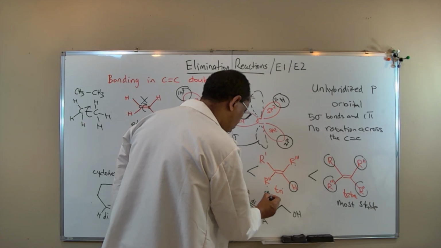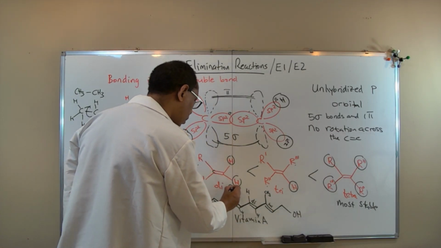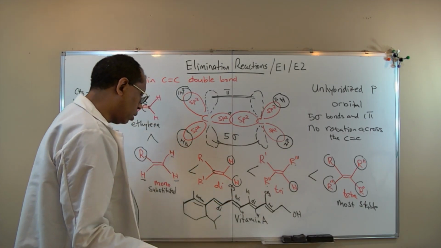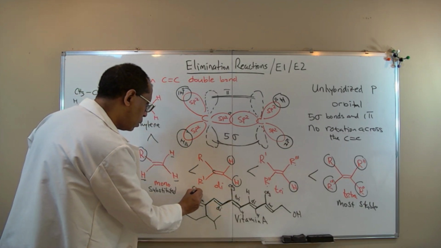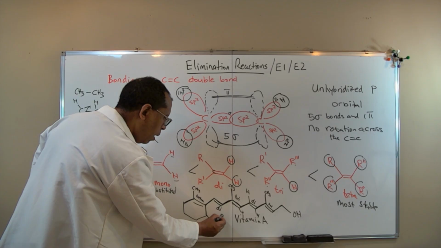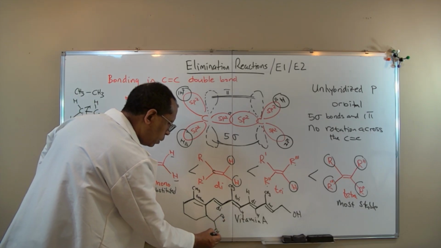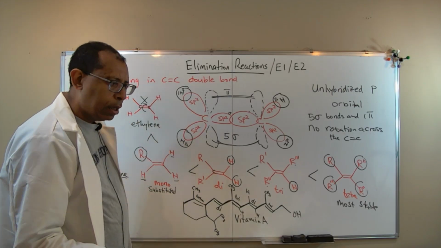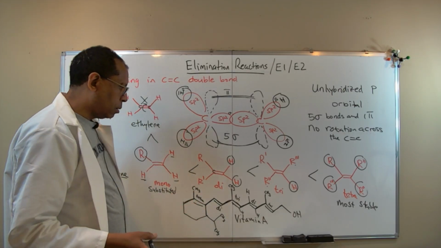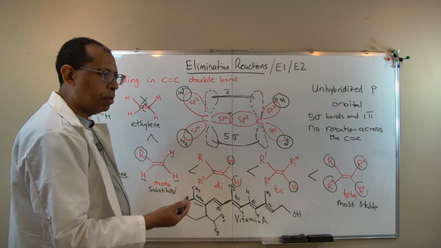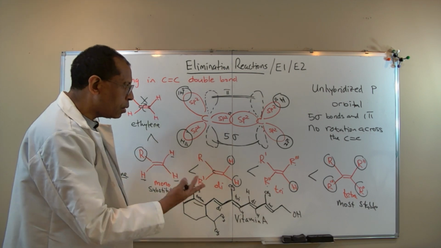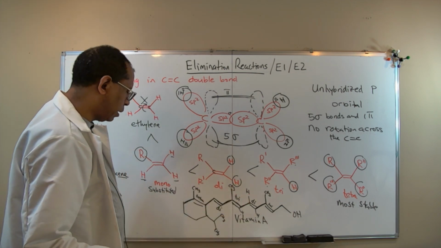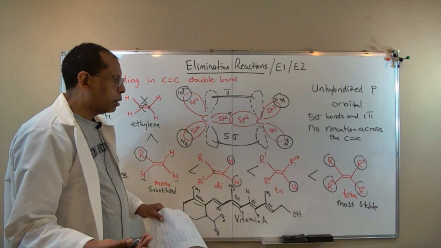These are methyl groups, by the way. We don't usually show them. This is CH3. So this is vitamin A. Vitamin A contains a di-substituted, a tri-substituted, and a tetra-substituted alkene. So the stability of each one of those alkenes depends on how they are substituted.